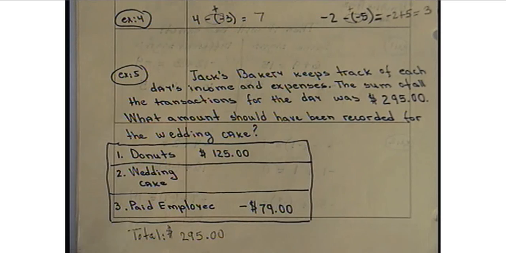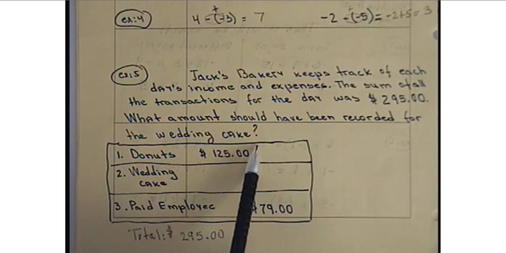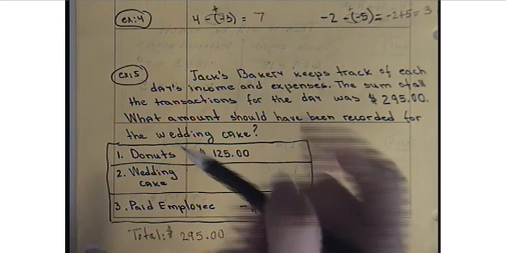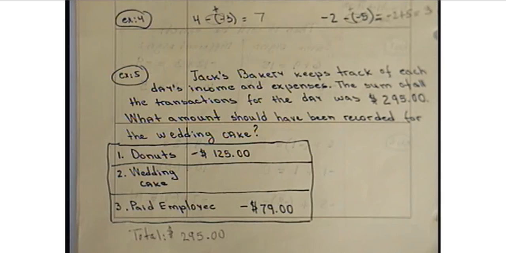Alright, so now we want to see what amount should have been recorded for the wedding cake. If the sum of all transactions was 295 and they paid some dollar amounts for donuts, so this will be minus, because when you pay somebody you take money away, so it will be minus 125.